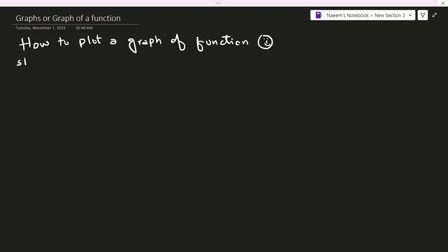Step one, identify the domain of a function. When you find the domain, the next step is step two.